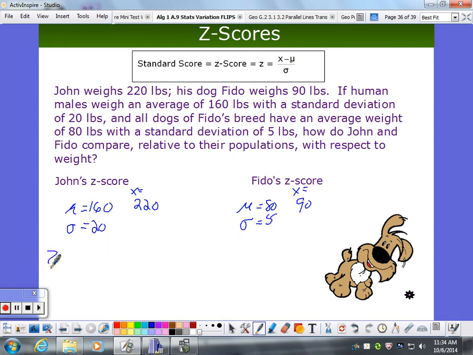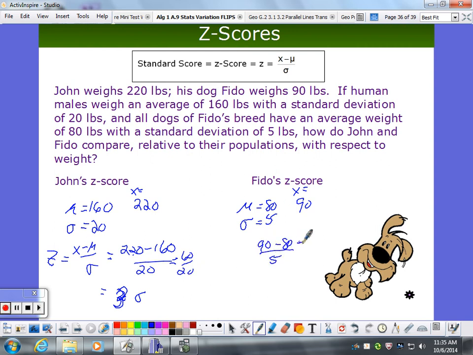So let's find the z-score: x minus mean over standard deviation. 220 minus 160 over 20. It looks like 2. Oh, I did that wrong, that's 3. Sorry, 60 over 20. And now this dog is 90 minus 80 over 5.